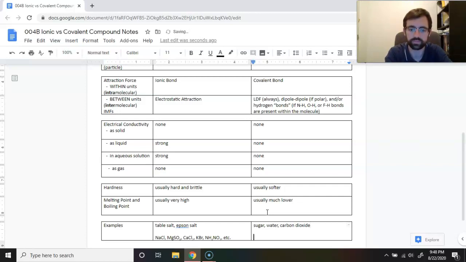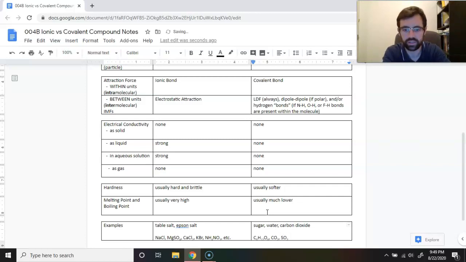Common formulas. Sugar is actually C6H12O6. I'm going to do the control comma again. That's actually glucose. Most of the sugar you buy is sucrose, which is C12H22O11, I think, if I remember right. Anyways, CO2, SO2.